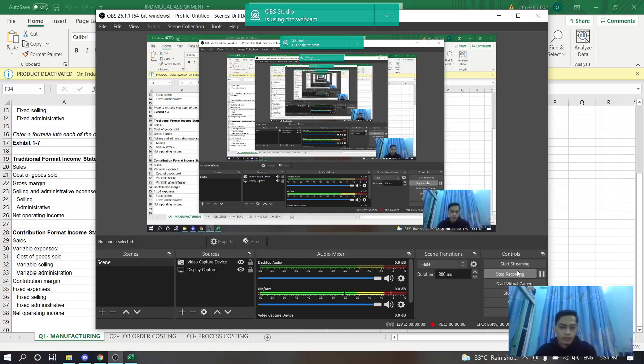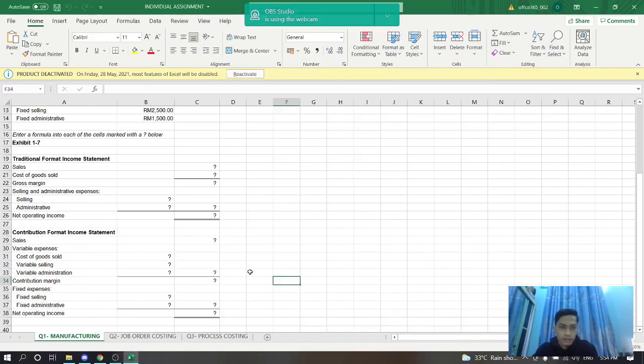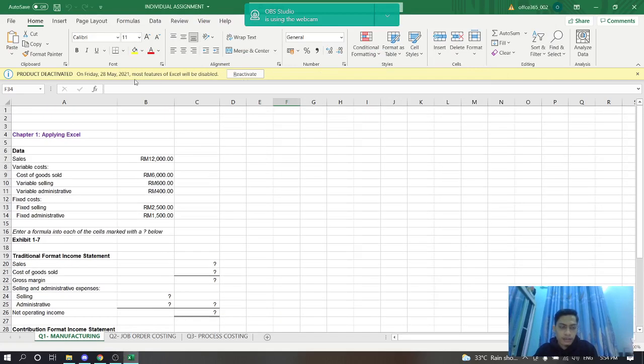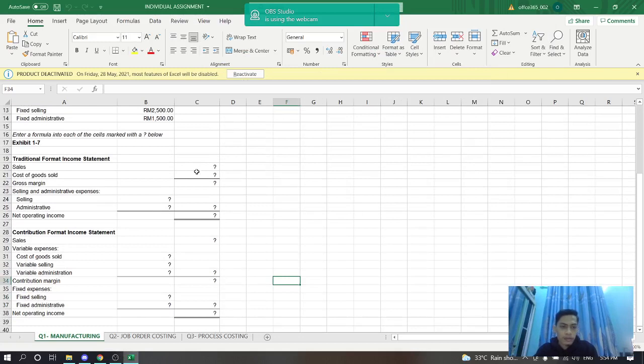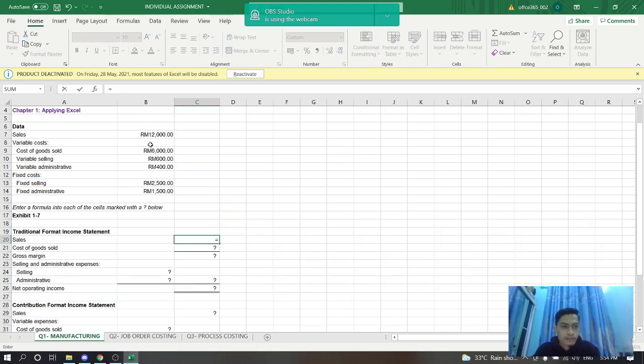Today, I will explain based on the data given to fill in the blank using the formula that I had learned from the class. So the sales, RM12,000, cost of goods sold, RM6,000, and the gross margin, sales minus cost of goods sold.